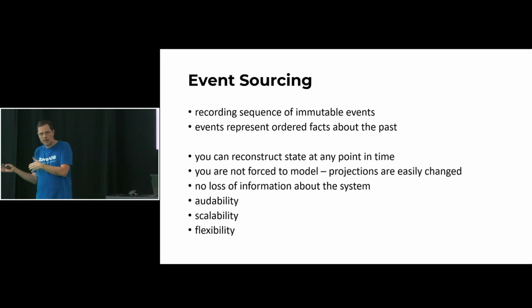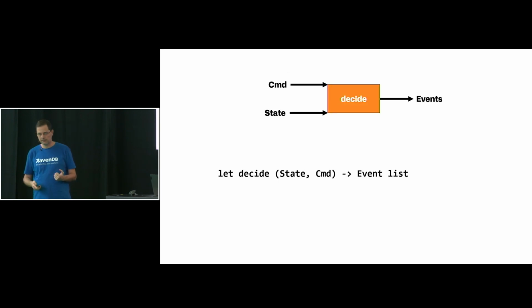On the opposite end of the complexity scale is event sourcing. I don't know how many of you are using event sourcing, more than transaction script. So it's a principle where we are not storing the state, we are storing the events, we are not throwing away any information, and then we are computing the state from the events.